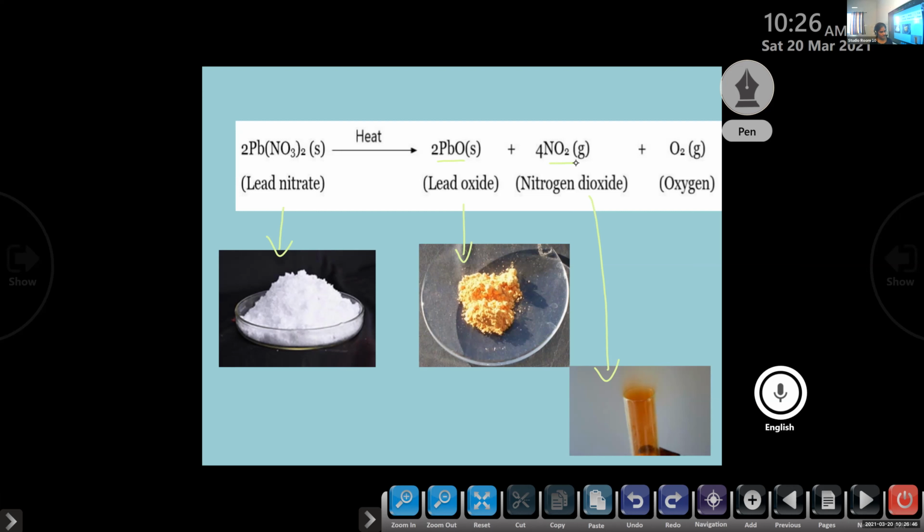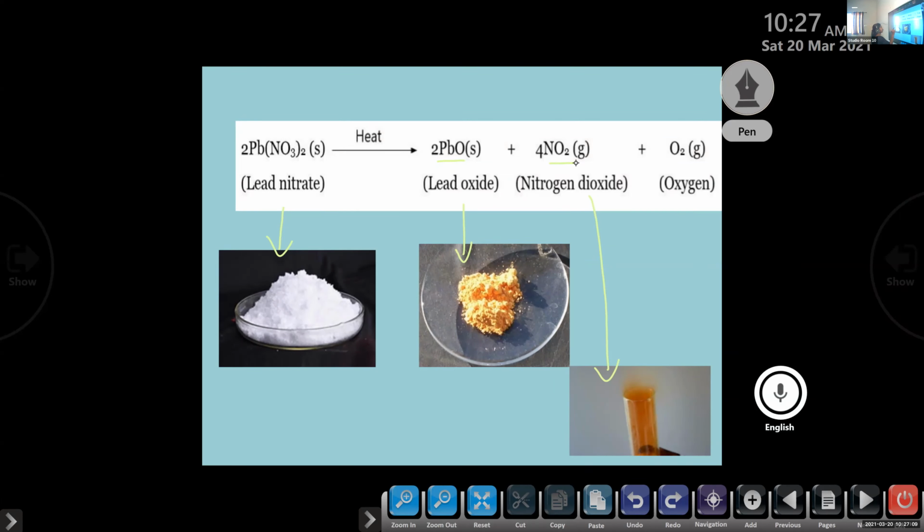Elsa, can you read this chemical equation? 2Pb(NO3)2 gives 2PbO plus 4NO2 plus O2.